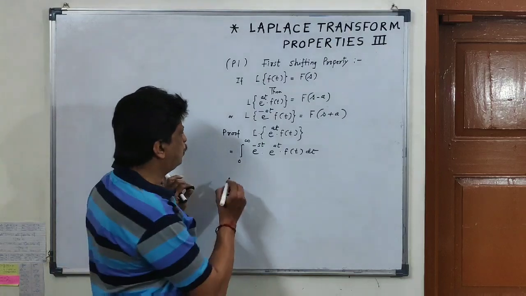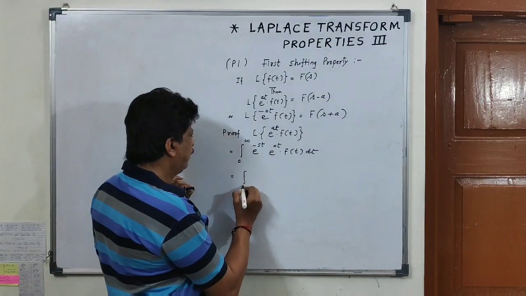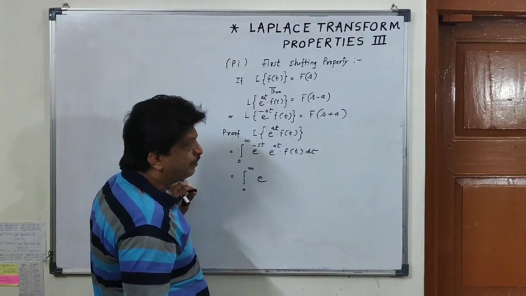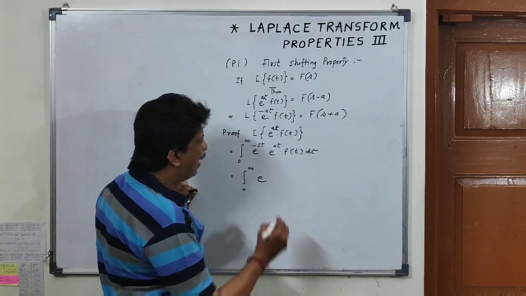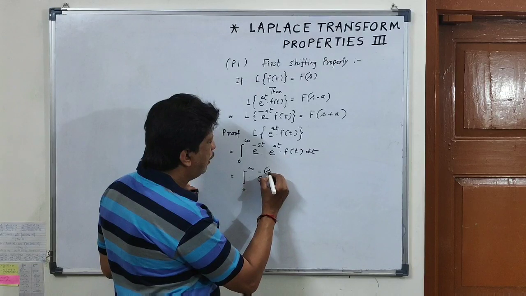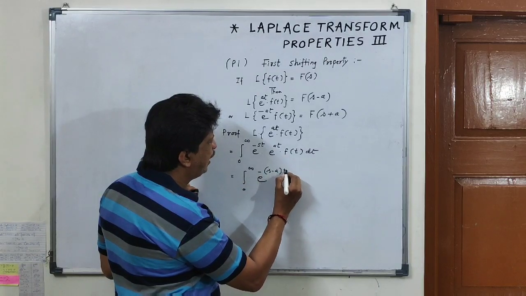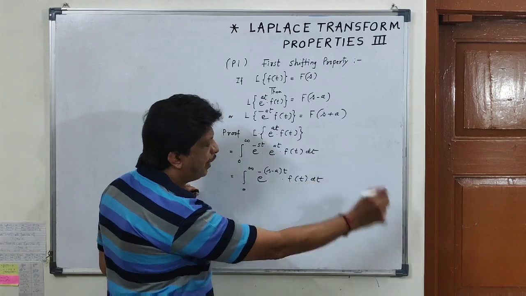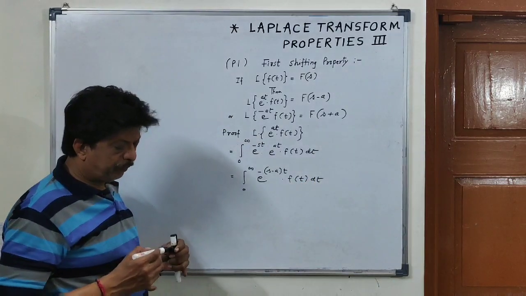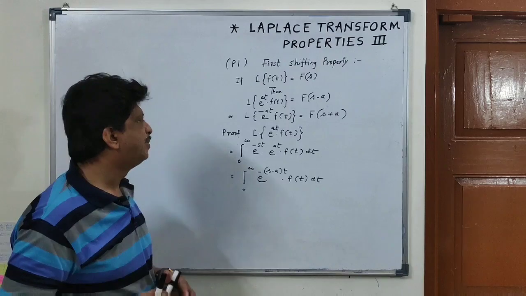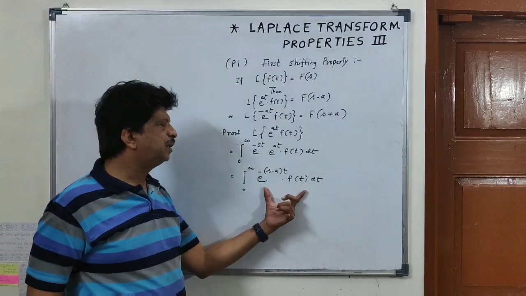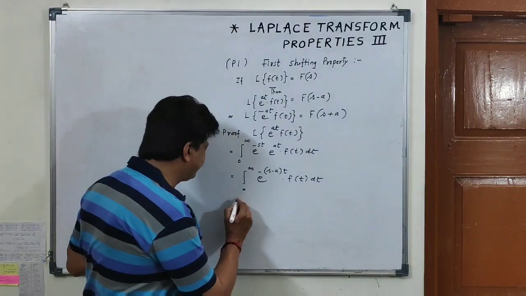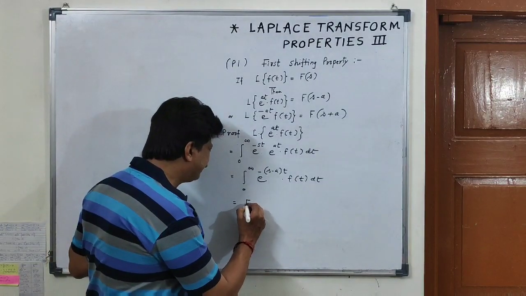That is further equal to integral 0 to infinity e raised to power minus (s minus a) t into f of t dt. And what is this? It is F of s minus a.